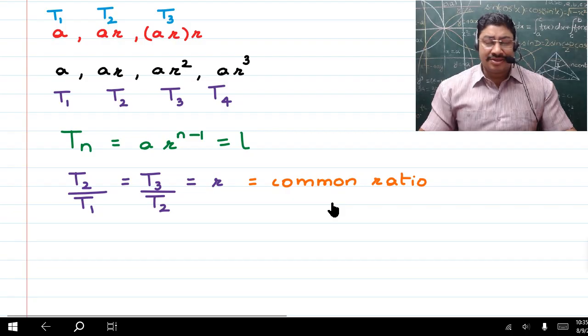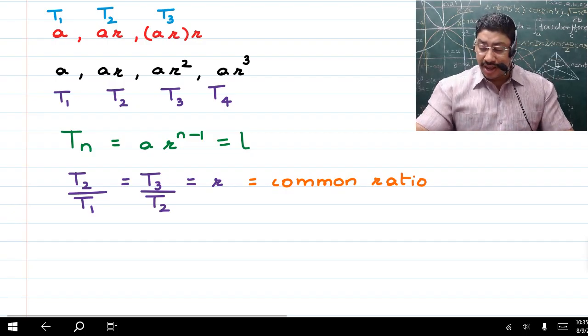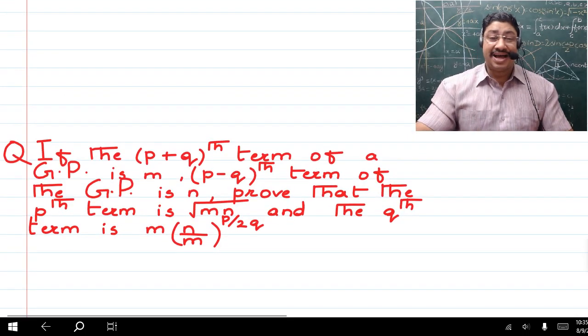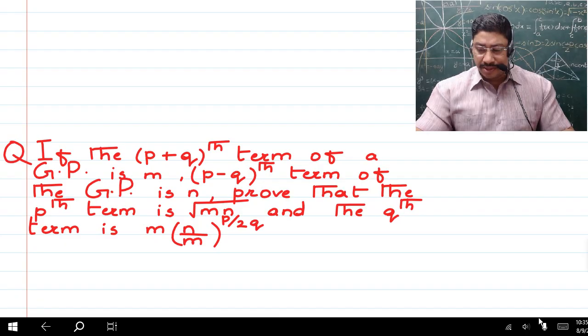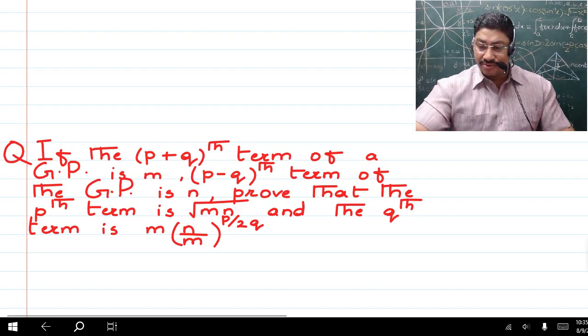So now, children, to be able to understand this, we have a sum that we will tackle, and I'll tell you everything about it. But initially, I would like you to give it a good try, and after that, I will be discussing the sum with you. So now I expect you to start trying out the sum.